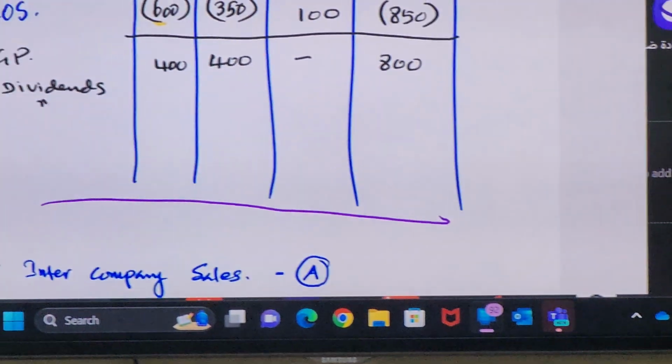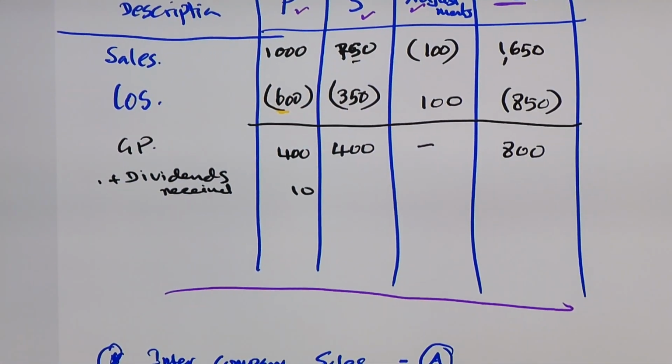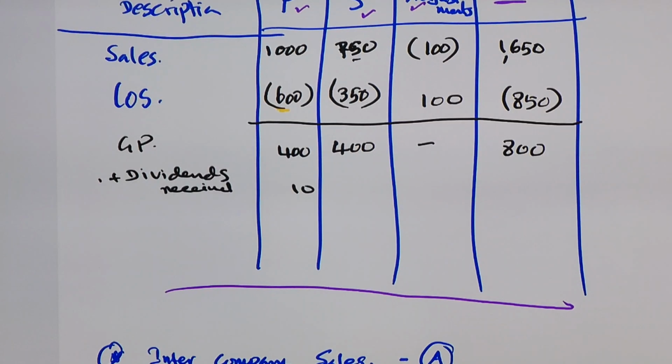Correct? So the parent company has received dividends, let's say 10 for example. Now this 10 is received from whom? From the subsidiary.